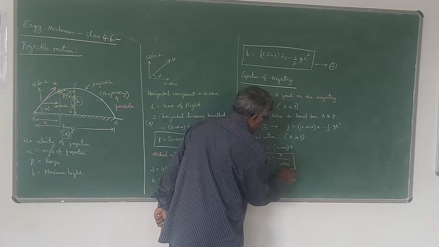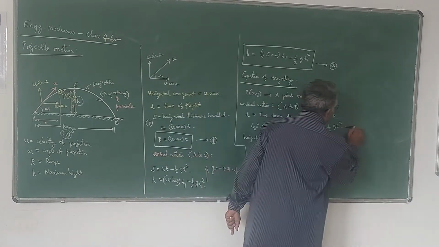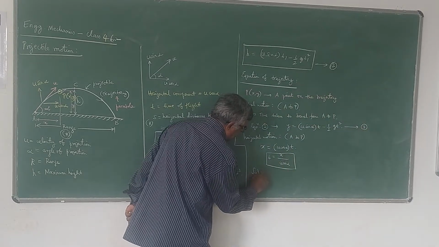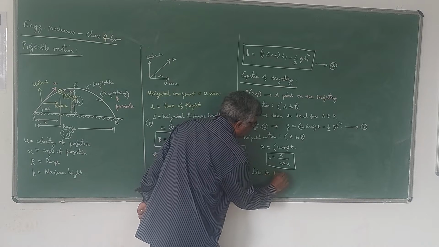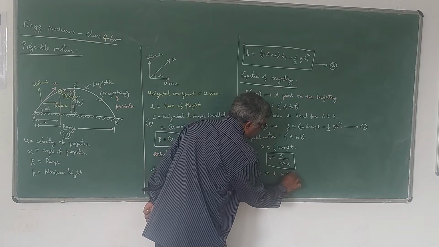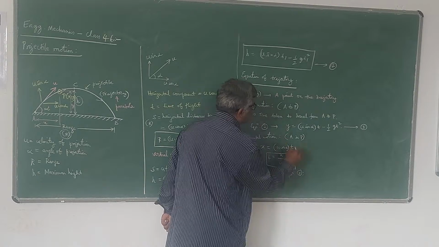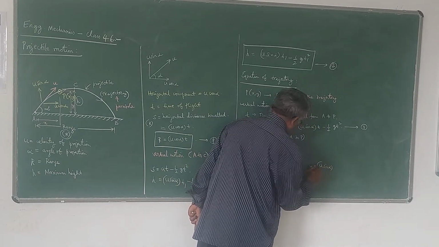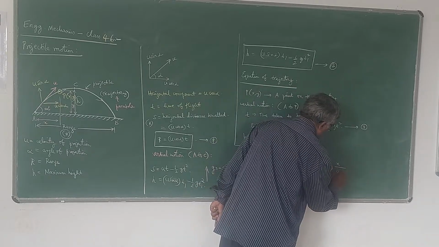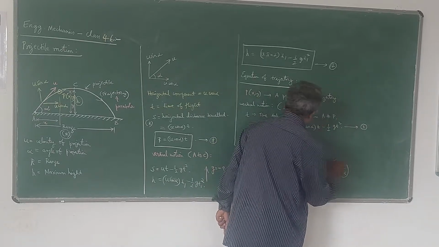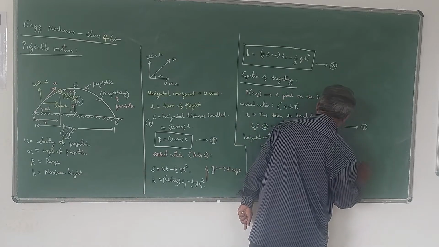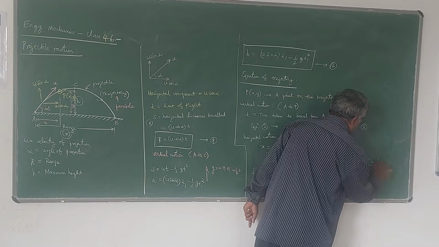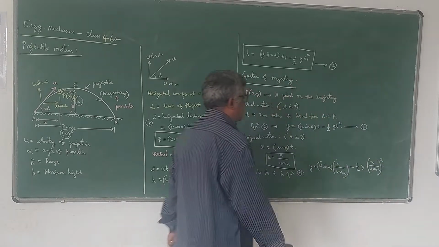I will take this equation as 3, and substitute for t in equation 2. Now y is equal to u sin alpha into t, which is x divided by u cos alpha, minus half into g into x divided by u cos alpha whole square, that is t square.